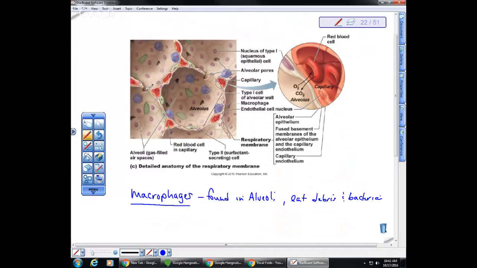So the capillaries surround each one of these little alveoli or alveolus, and then you get CO2 and oxygen being exchanged across the surface of that membrane. Okay. So the membrane must be moist because in order for CO2 and O2 to travel, they first have to be dissolved in water, and that's what is being diffused across the surface.